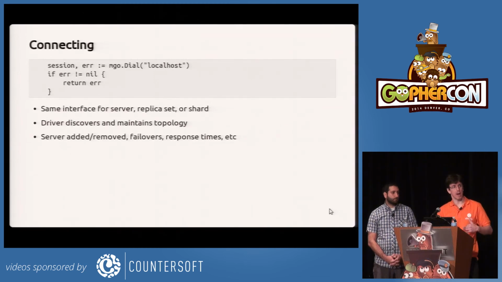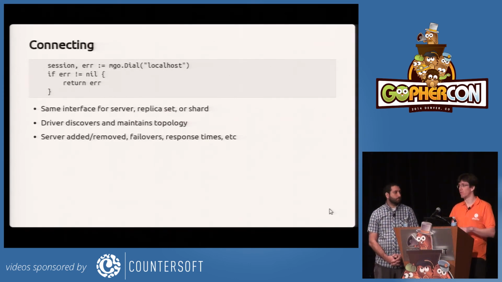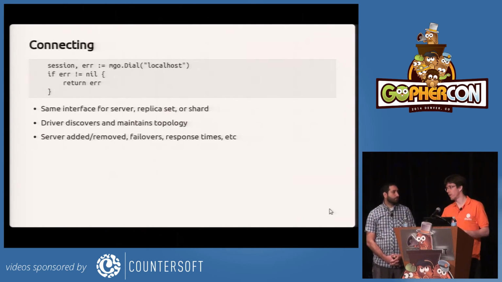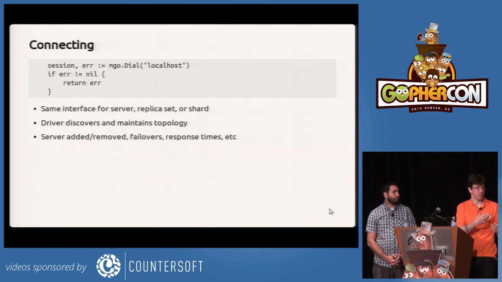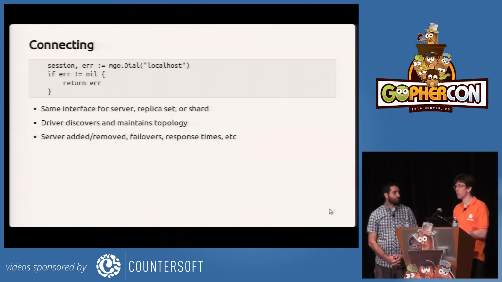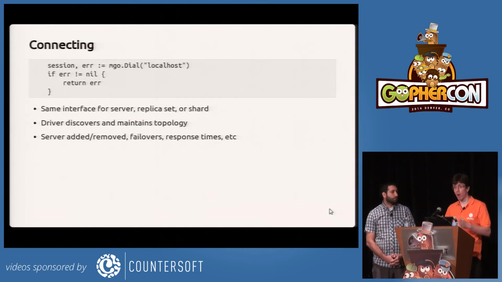The driver behind the scenes will try to figure out what the actual servers are that are part of that deployment, and if there's a failover, it's going to do the failover. It will error out to let you know that your actual statement has failed, but it will try again, blocking until it can do it. So all of those things are abstracted behind a simple interface.